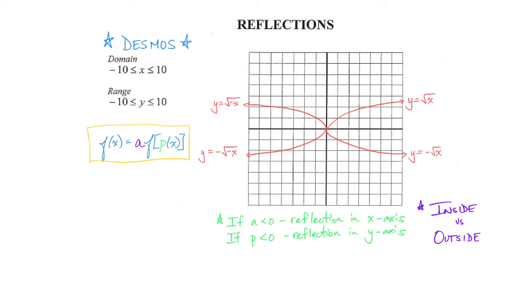My a value is outside my function, and outside affected my graph vertically. Now, I'm just going to draw on the arrows on that outside. That when I changed the outside of my function to a negative, I went from my quadrant 1 square root function and I reflected it across the x-axis.